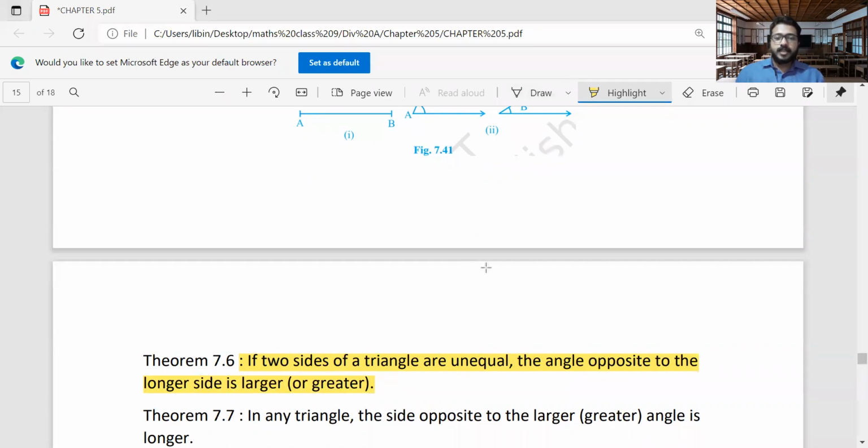We are considering a triangle with two unequal sides, and the angle opposite to the longer side.